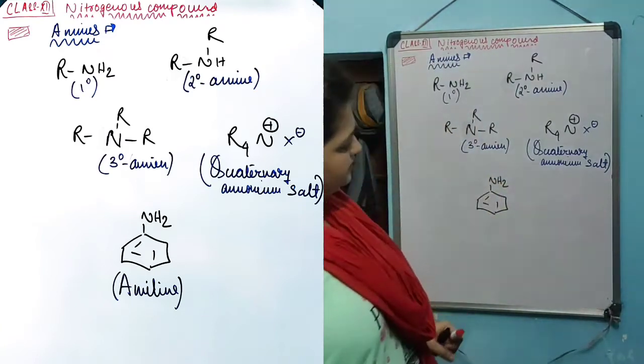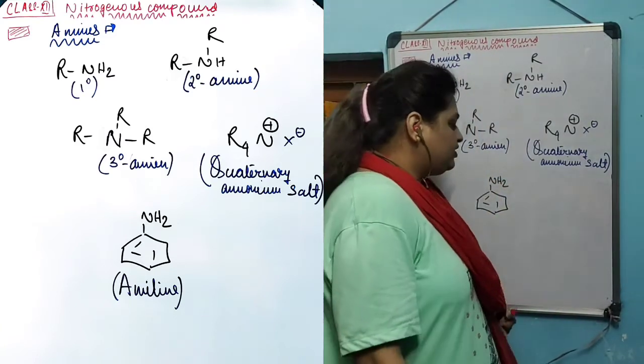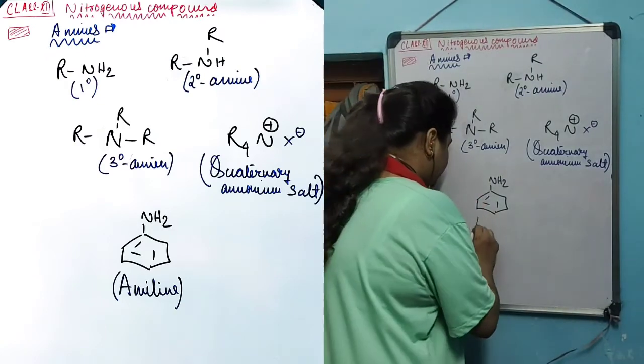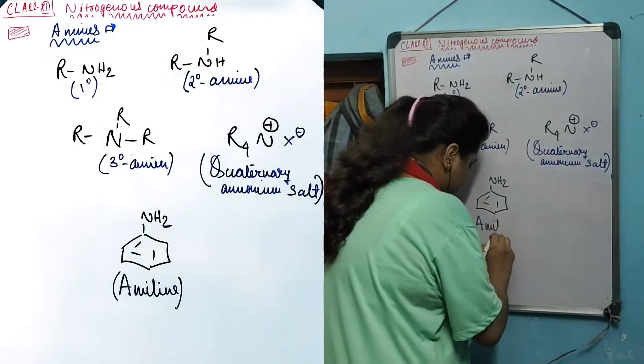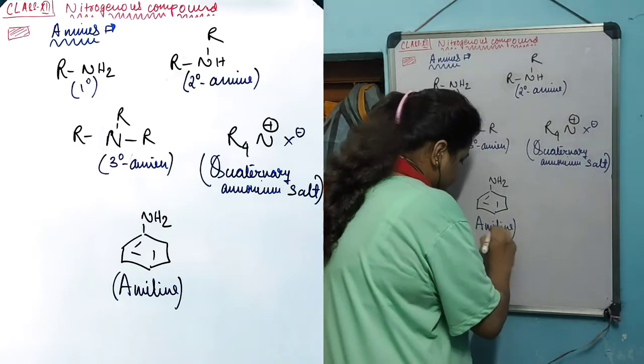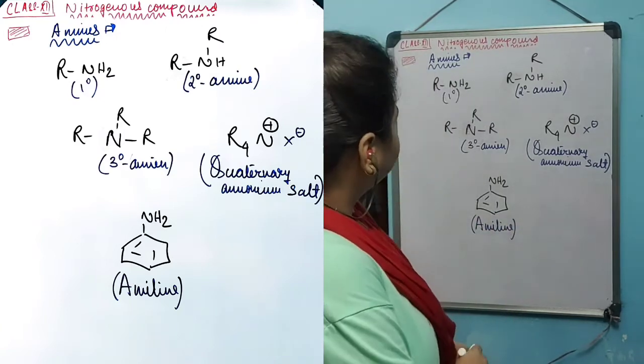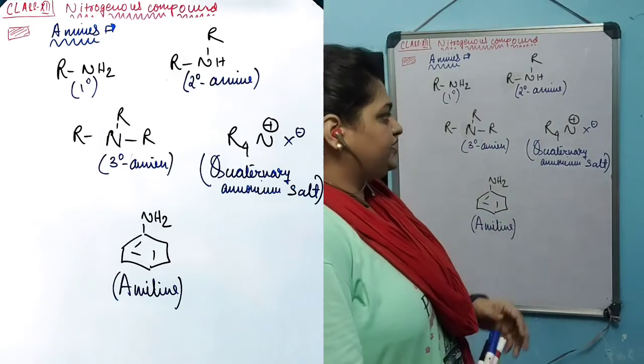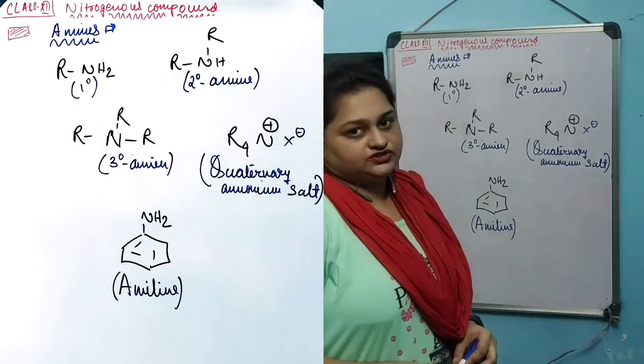The last example is an amine which is aromatic in nature, specifically known as aniline. These are the examples and structures of a few of the amines that we need to remember and study in our next reactions.